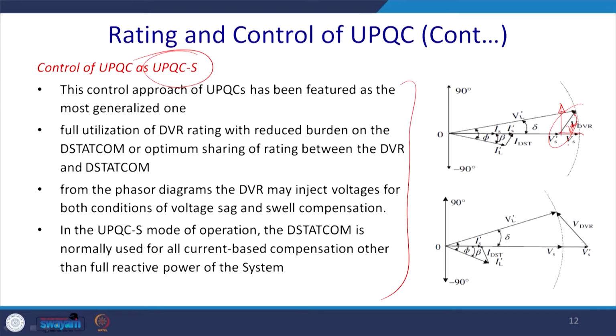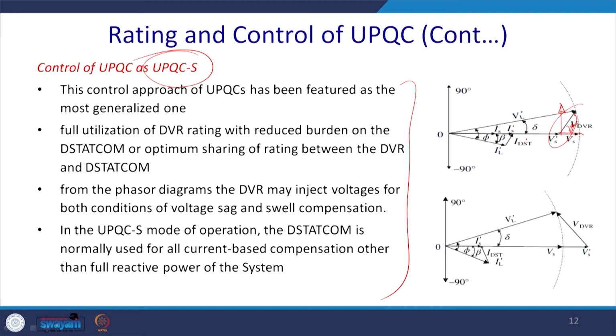It is not that a very high amount of current will flow to the D STATCOM as in case of the P, or a very low amount of current will flow in case of the Q, but your DVR rating is high. So, accordingly you will choose this injection angle.